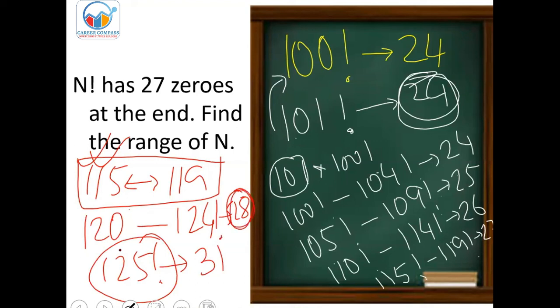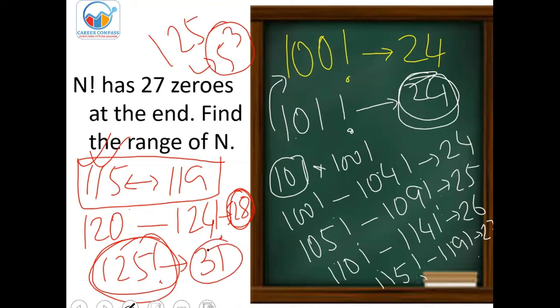Look at this number 125. I have an additional number which is 125, which itself is 5 cube. Which means it gives me 3 more 5s. The moment I get 3 more 5s, of course, I'll have too many 2s, much more number of 2s than number of 5s. So these 3 more 5s will bring me 3 more zeros, no? Along with 3 more 2s, of course. Hence, the number of zeros at the end of 125 factorial will be 31.